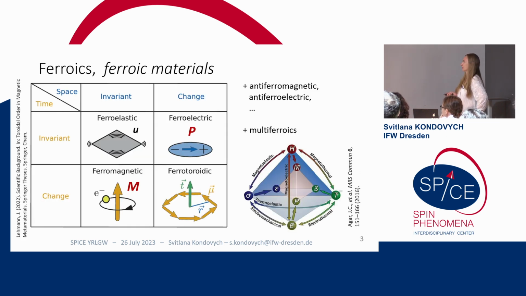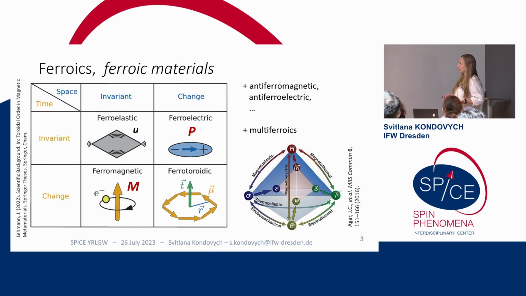What actually are the ferroic materials? All the materials which have this part ferro in their name have this name because they show similar behavior to ferromagnets, undergoing phase transition below a critical temperature and having a vector order parameter to describe the properties in continuum theory.